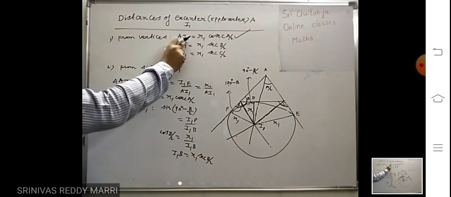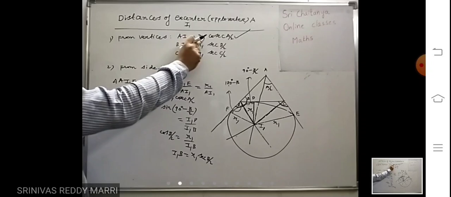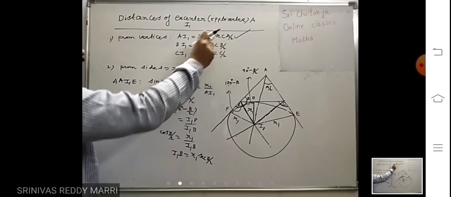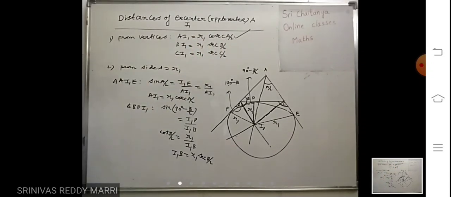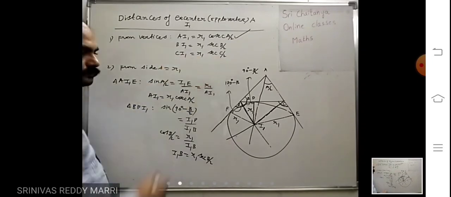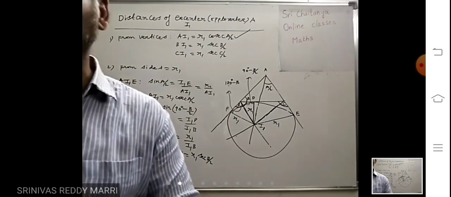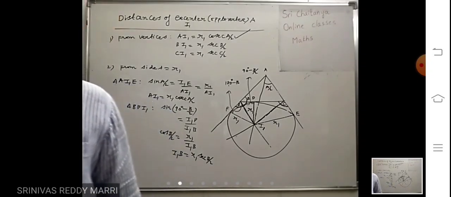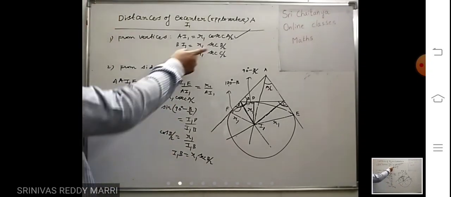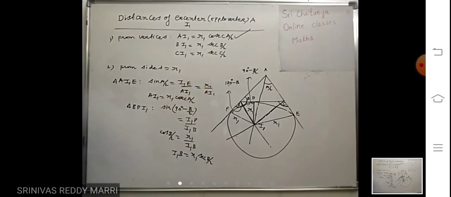AI1 you will get with cosecant, and these two you will get with the secant formula. Just to remember this formula: AI1 means R1 cosecant A by 2, and BI1 means, these two you will get secant.